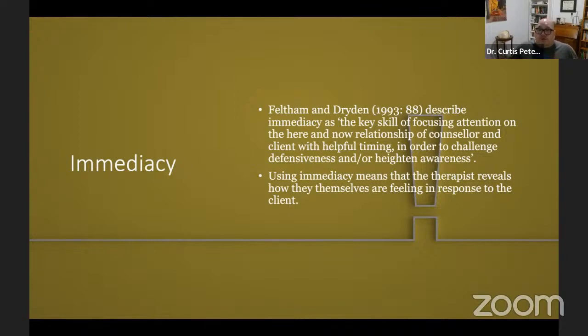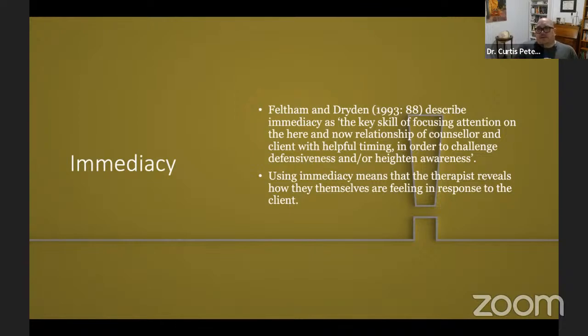What I want you to all do is I want you to all breathe in, hold, breathe out. Now we're going to do this to the count of 5 times. And at the last breath, this is where the therapist says, right here and right now, when we were going through this, this is how I felt. I felt like you weren't communicating with me, that you were closing up, or you were becoming frustrated with the situation.